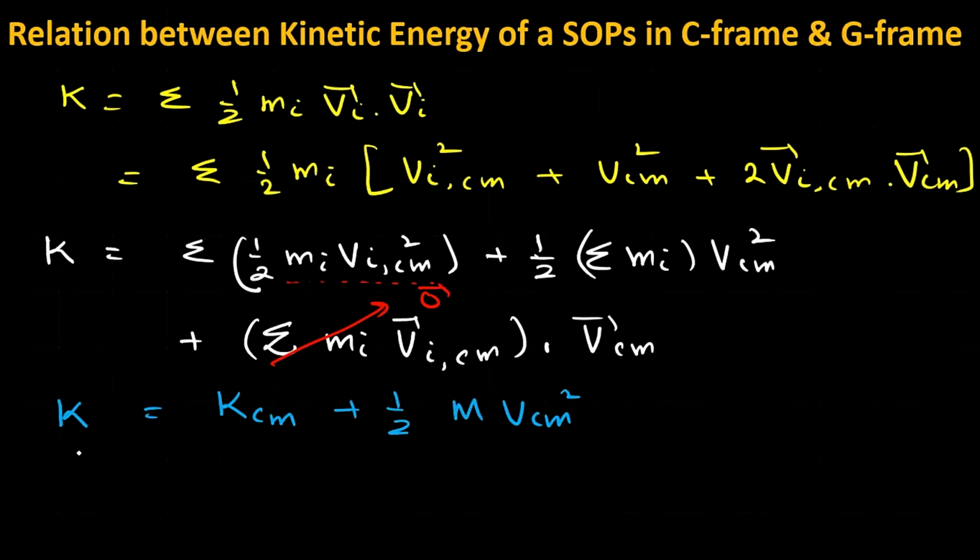So this is the total KE in the G frame, that is, the ground frame. And this is the total K in the C frame. And this is the total mass, and this is the velocity of the center of mass. So this is the relationship between the kinetic energy of a system of particles in the C frame and the G frame. It's a very important relationship.